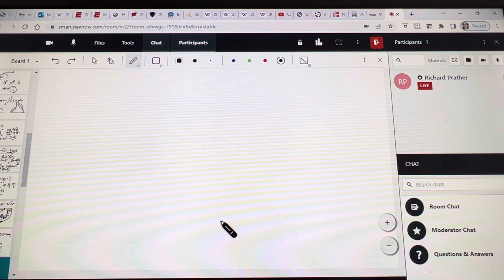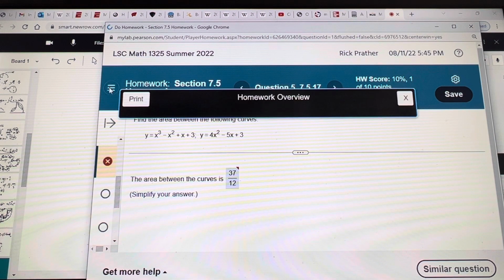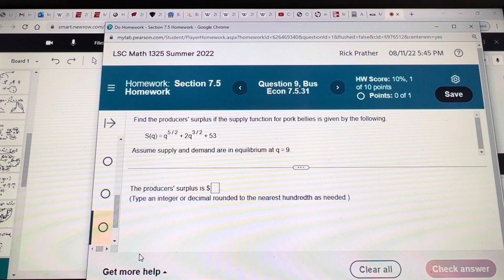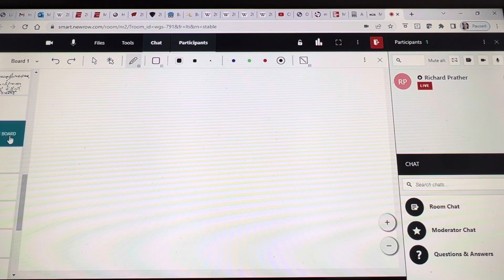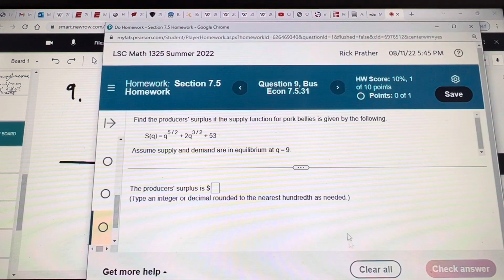Okay, so the last thing I want to show you is there's a good business problem. I think it's number 9 or 10. Yeah, this one. Find the producer's surplus. Usually they do something called consumer's and producer's surplus, but this one only wants the producer's.